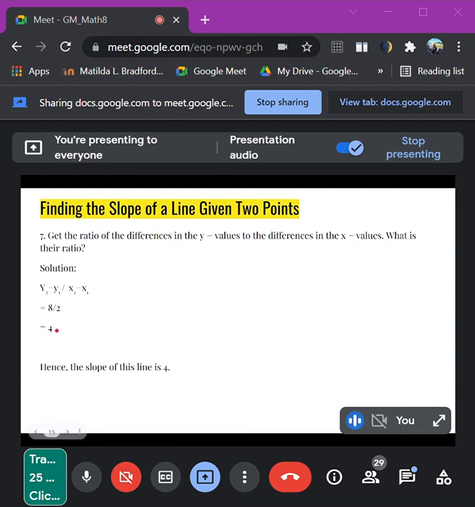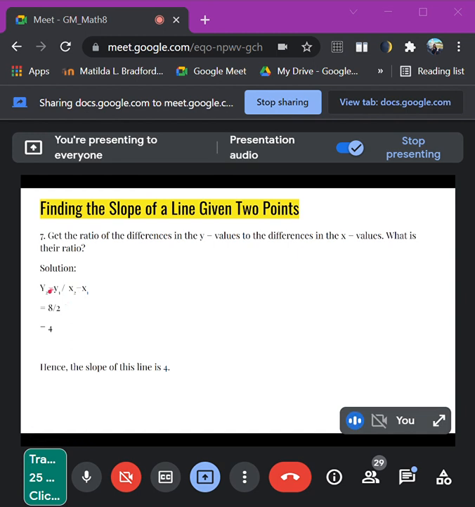So, kung nag-solve na ta or nag-subtract na ta, pwede rin natong i-substitute sa atong m is equals to rise over run. So, ang atong rise, ang pag-subtract sa atong y, which is 8 ang answer. Ang x sub 2 minus x sub 1, ang result kay 2.